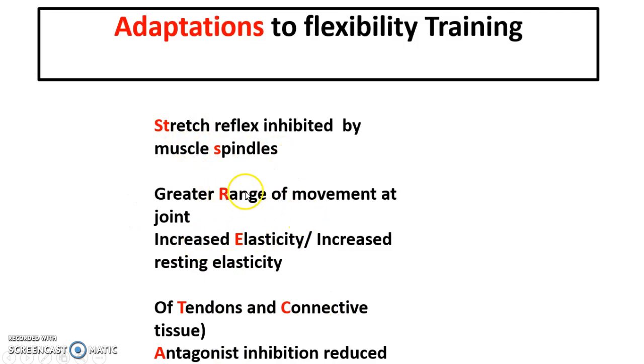So if we have a look at those, you've got range of movement at joint, stretch reflex inhibited by muscle spindles adapting. We just talked about that. Elasticity and resting elasticity. You can also have resting length of connective tissues. And then I've put this stuff down here just as a filler, so you can fill that stuff up there. And then a bit at the end here, so the reduction of antagonist inhibition. So it allows antagonist pairs to work together more effectively.